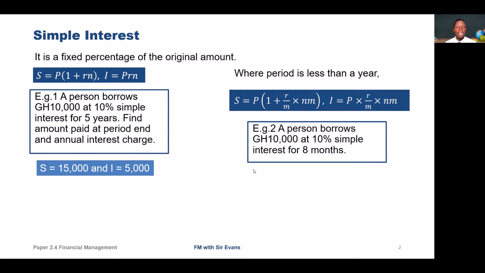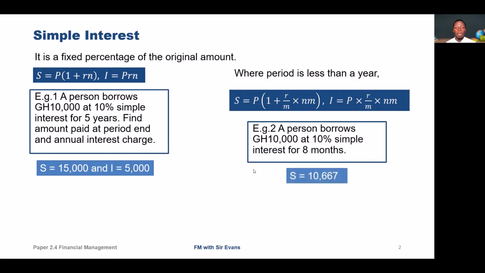A person borrows 10,000 at 10% simple interest for 8 months. So we have a monthly situation here, and there are 12 months in a year, meaning our M, which we have introduced, is going to be 12. So when you put it in the formula, P is 10,000, R is 10%, M is 12, and N is 8 months.